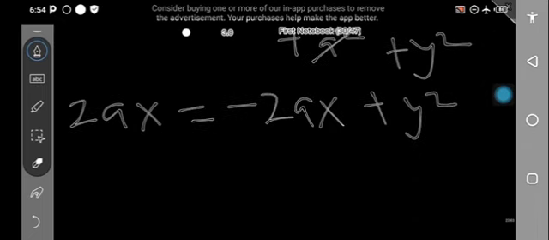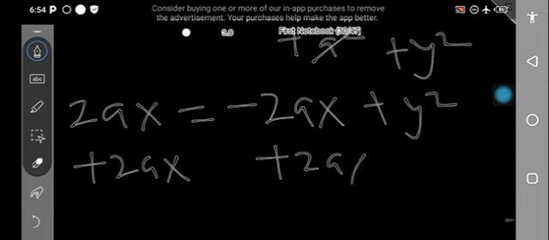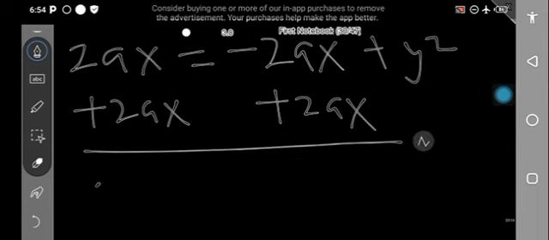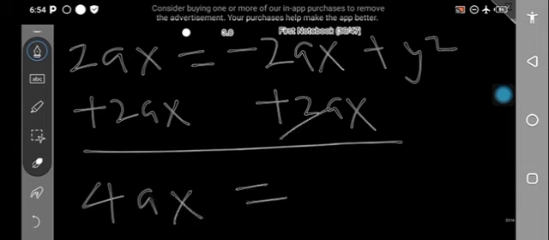So we can add 2ax to both sides. When we do this, we have 4ax equals y squared, this cancels this.